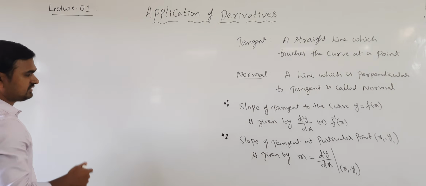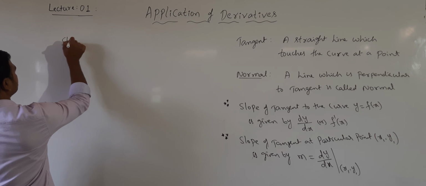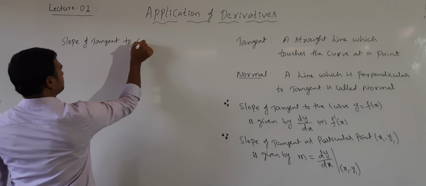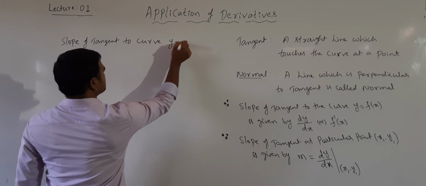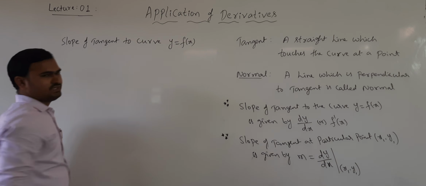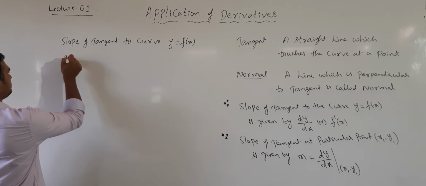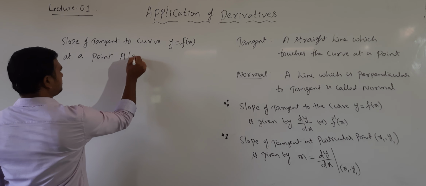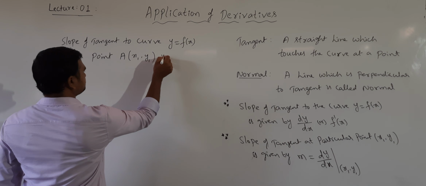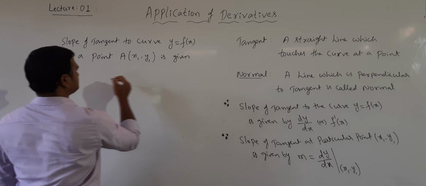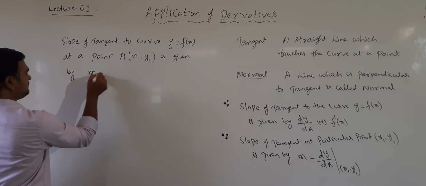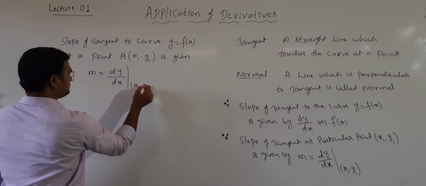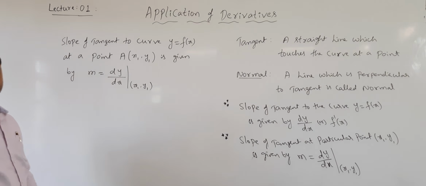We know that the slope of tangent to the curve y equal to f of x at a particular point (x1, y1) is given by m equal to the derivative dy by dx at that point (x1, y1) on the curve.